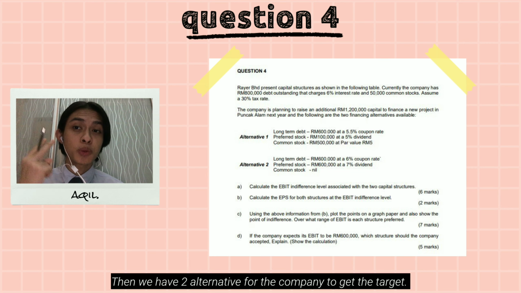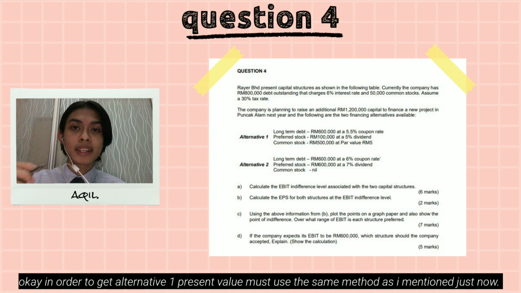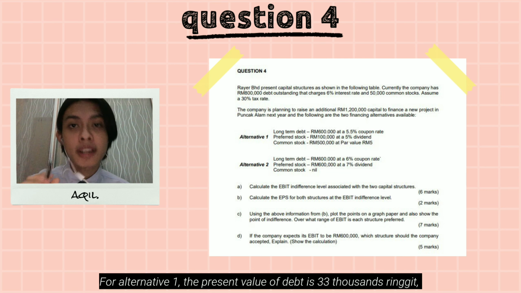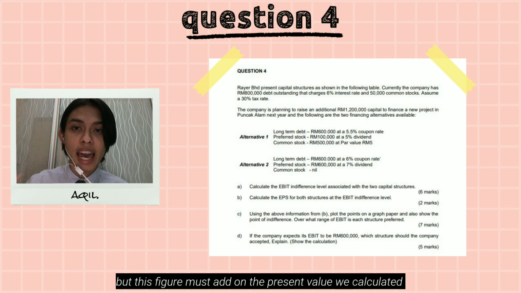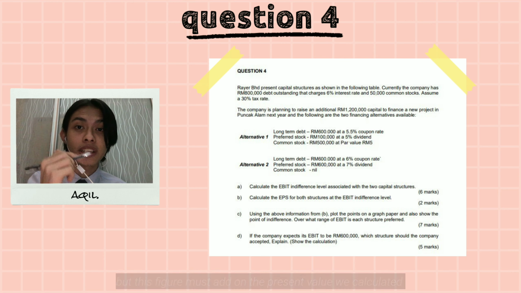Then we have two alternatives for the company to get the target. To get the alternative one present value, we use the same method as I mentioned just now. For alternative one, the present value of debt is 33,000 ringgit with 5,000 preferred stock and 100,000 common stock. But this figure must be added to the present value we calculated in the first place.